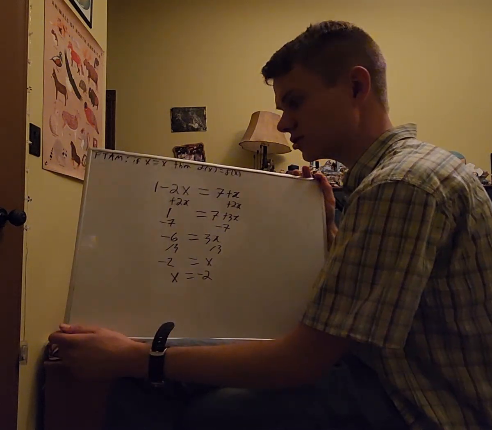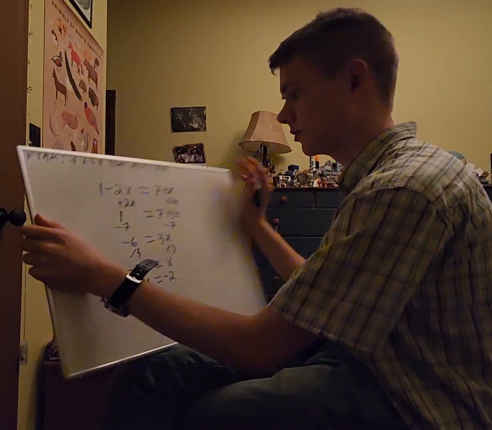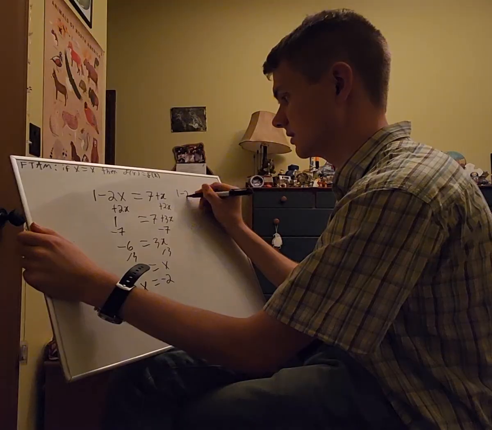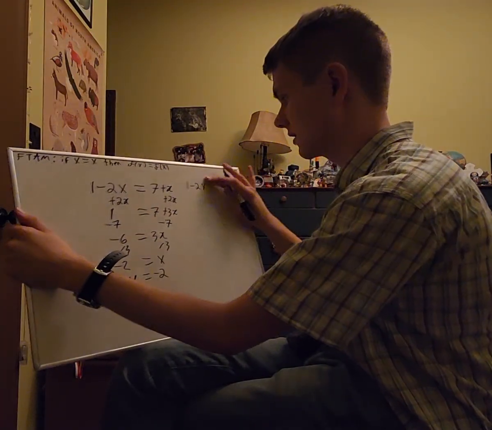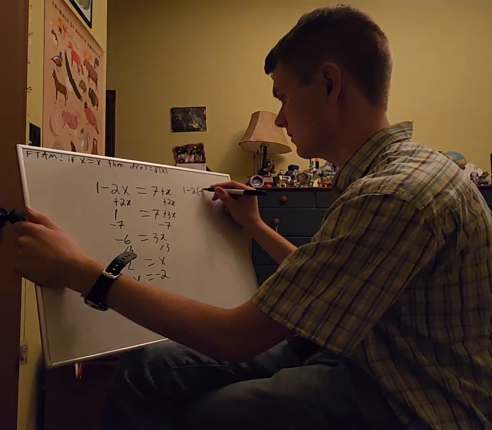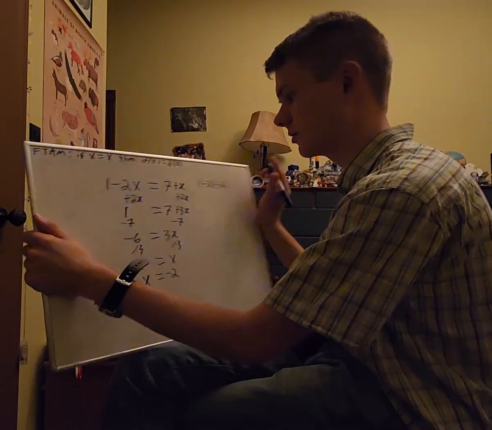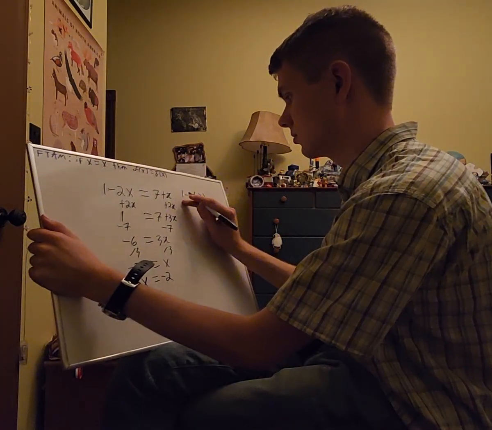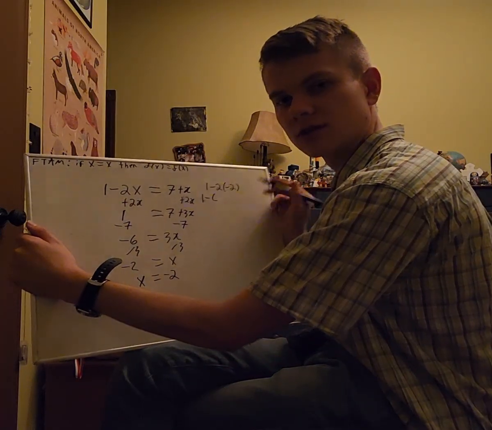Now with algebra, we can check our solution. So let's go back up here. So we've got 1 minus 2x. Well, what's x? x is negative 2. So we've got 1 minus 2 times negative 2. Okay, let's simplify this. This is going to be 1 minus, so 2 times negative 2 is negative 4.